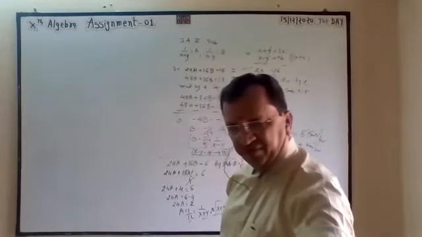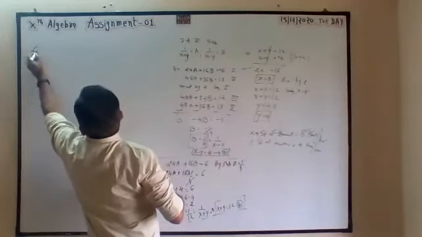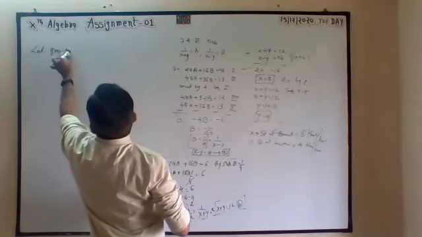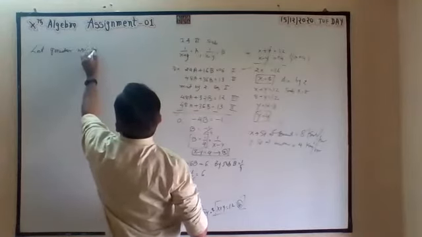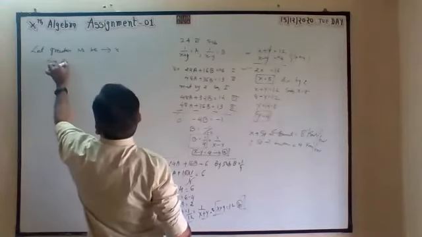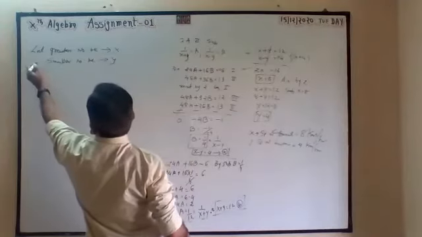Two numbers differ by 3. Let the greater number be x, the smaller number be y.